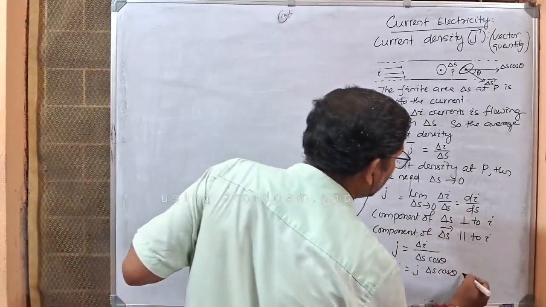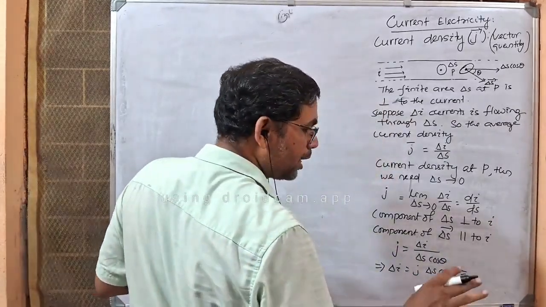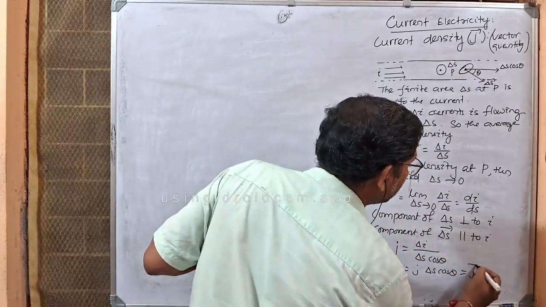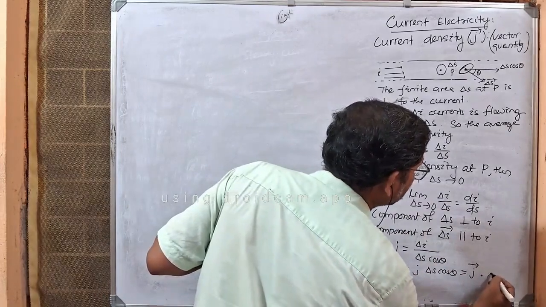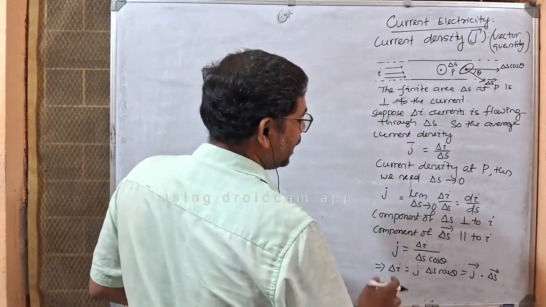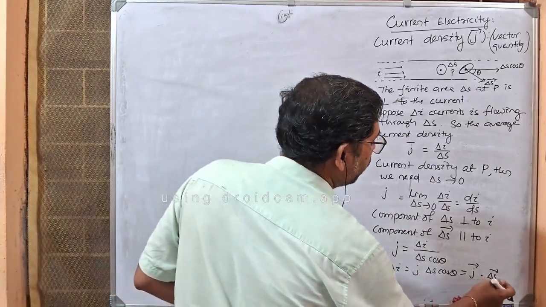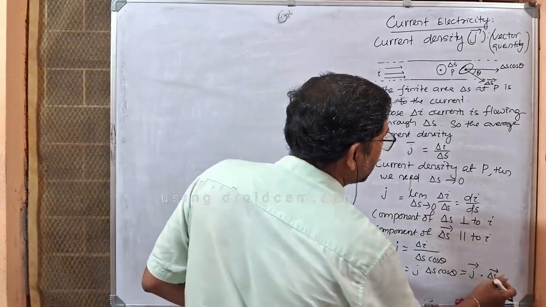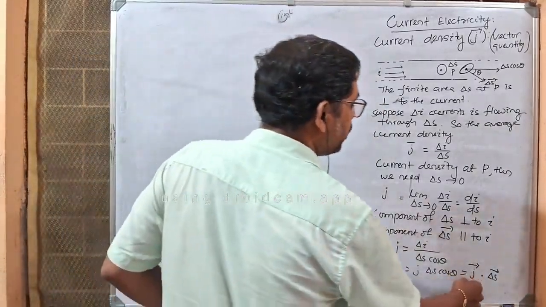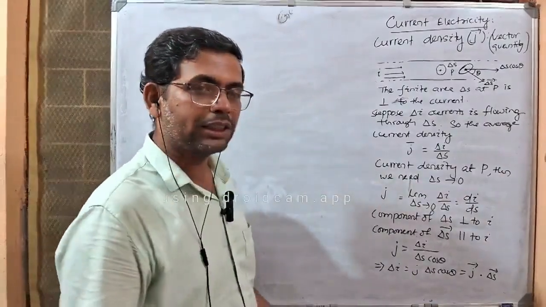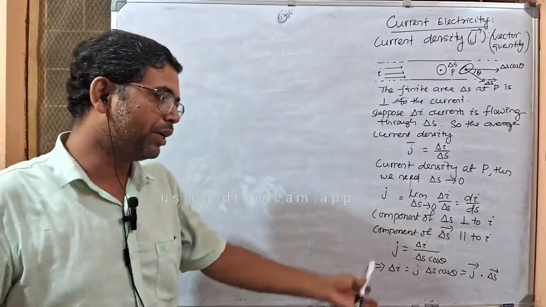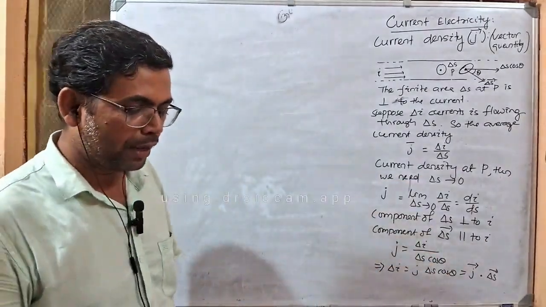That means there is a dot product between them: J vector dot delta S. So my current is the dot product of two vectors. We know the result of a dot product is a scalar quantity, so delta I is a scalar quantity. In this way you can prove it.